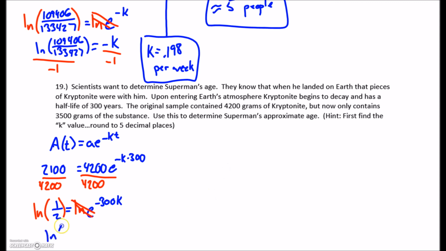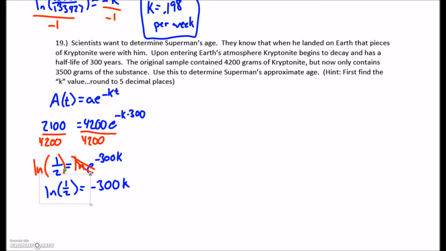So I'm left with the natural log of 1/2 equals negative 300k. Now I just divide each side by the negative 300. When I do that, it's just a job for my calculator. If you happen to get a positive answer here, it just means you forgot the negative in the negative 300.